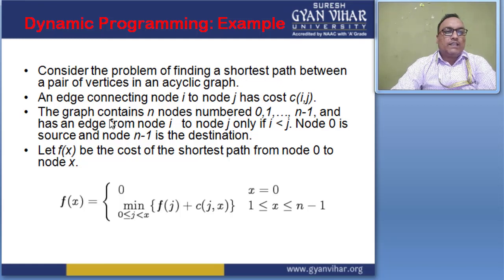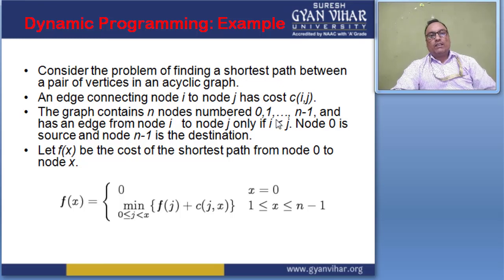The graph contains n nodes numbered 0, 1, up to n minus 1, and has an edge from node i to node j only if i is less than j. So node 0 is the source and node n minus 1 is the destination.